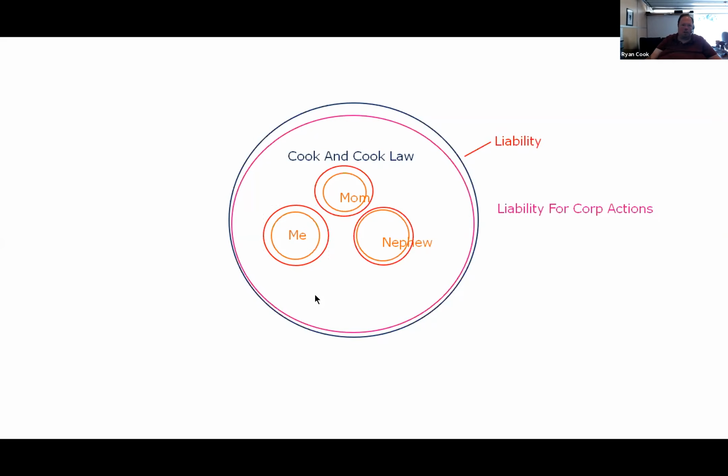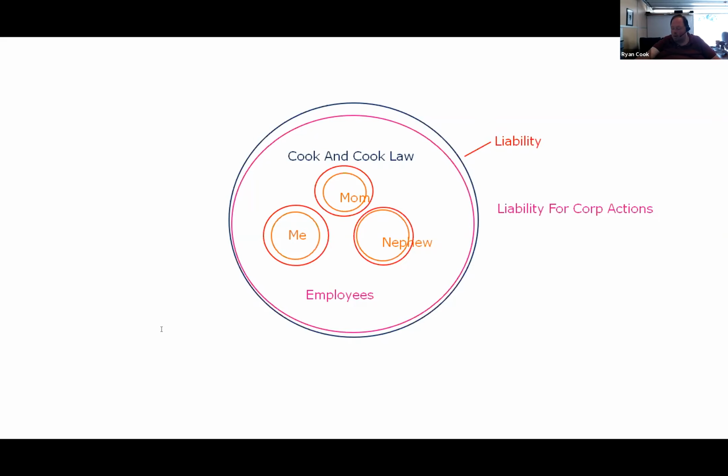She's an employee. My IT guy too. So the partners are liable for their actions, but we also have employees and their actions that we are jointly liable for as a company.